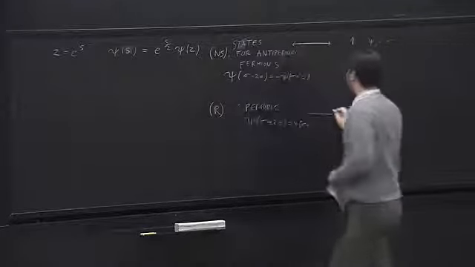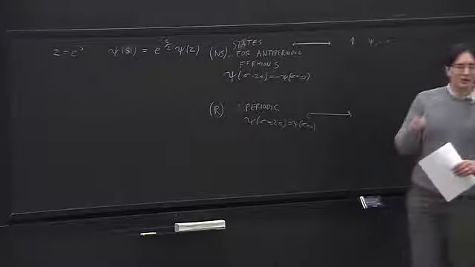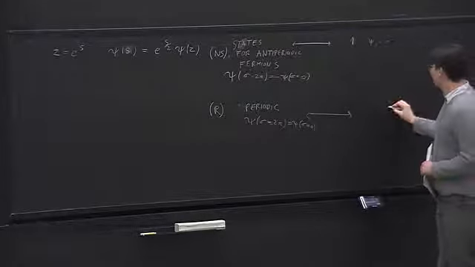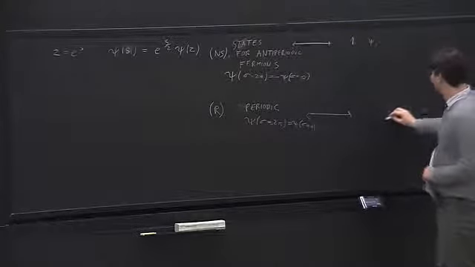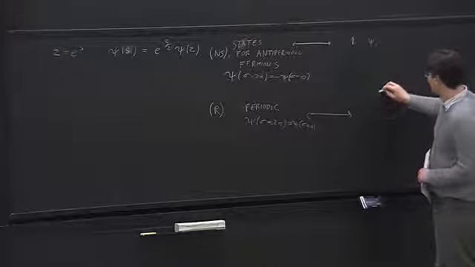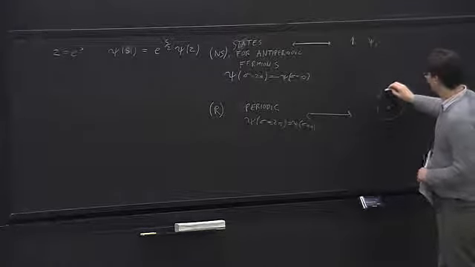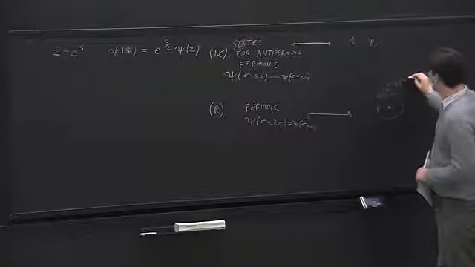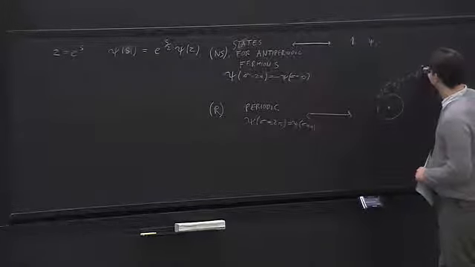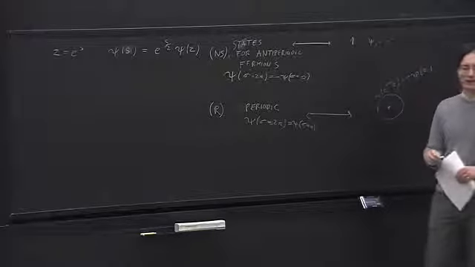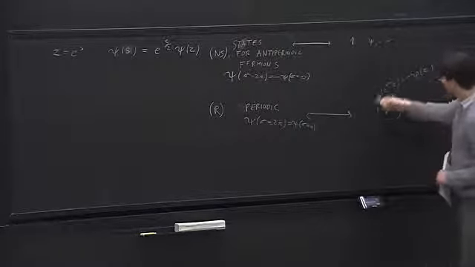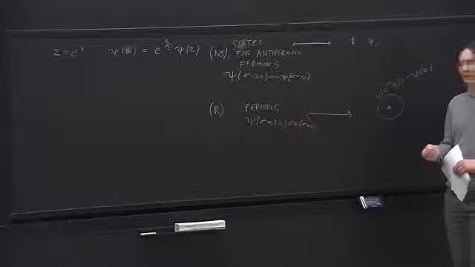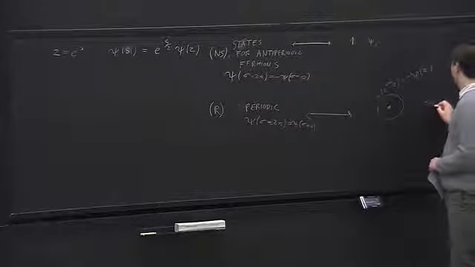This must map to operators which make the fermion antiperiodic. So these must be operators with the property that psi of z, rotated by 2 pi i, equals minus psi of z in the presence of the operator. If you rotate the psi around the operator, it must go back to minus itself. These kinds of operators are called twist fields.